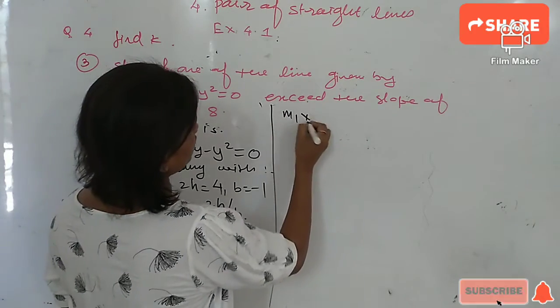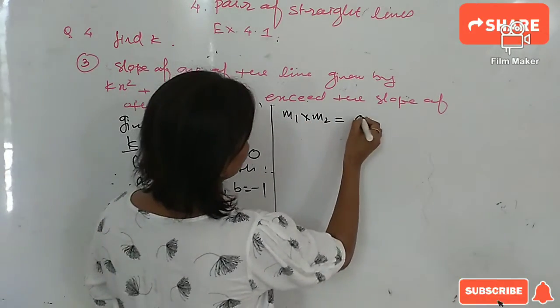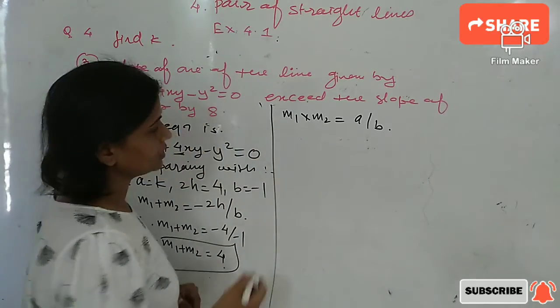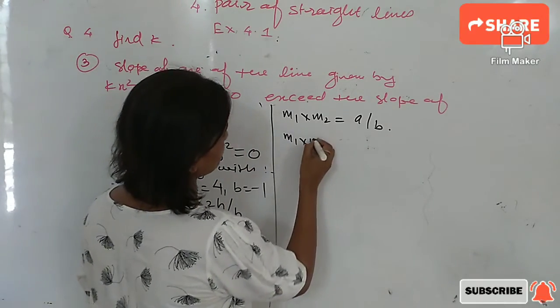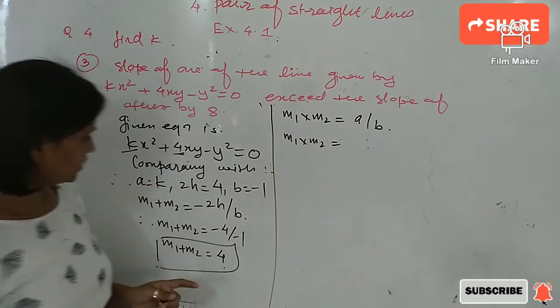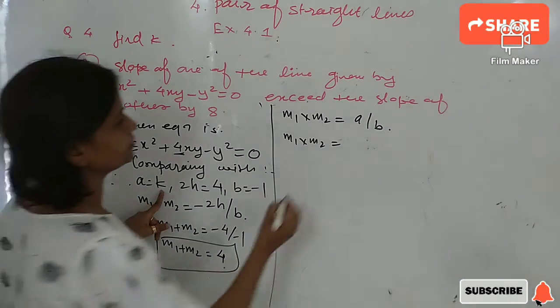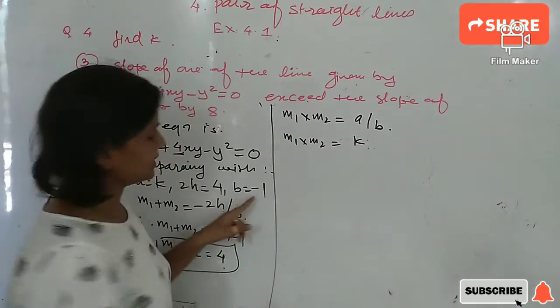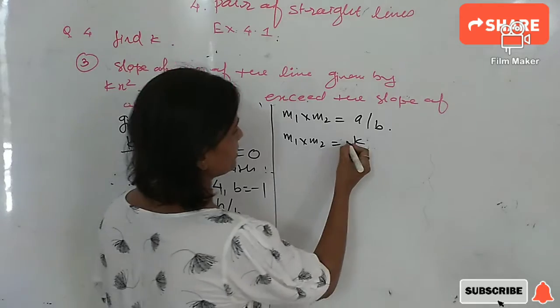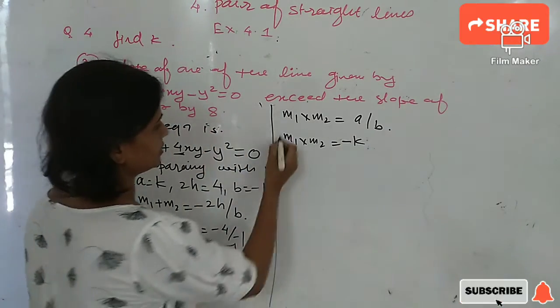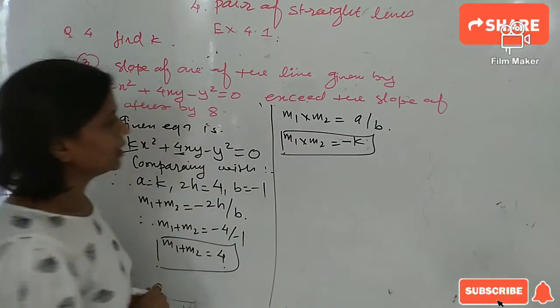Then m1 into m2 is a by b. The a value is k and the b value is minus 1. So k divided by minus 1 is minus k. So that is m1 into m2.